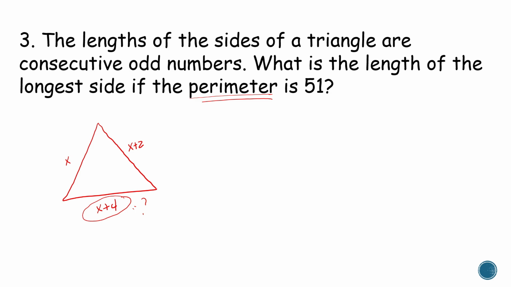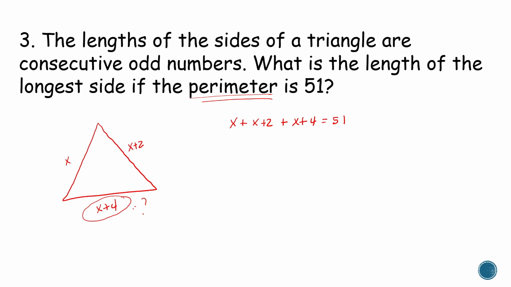So if we add x, x plus 2, and x plus 4, that will be the perimeter of the triangle. And it says in the problem that the perimeter is equal to 51. So there you go. That's our equation. x plus x plus 2 plus x plus 4 equals 51.